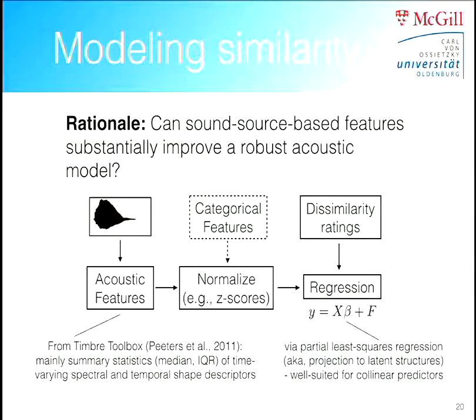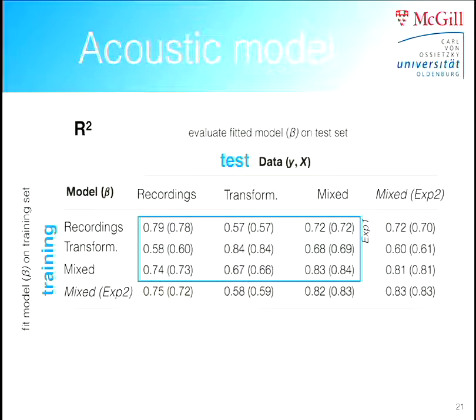We extract acoustic features, basically standard timbre toolbox features, feed them into a partial least square regression model and fit them to dissimilarity rating data. And then the question is, what happens if we also include categorical features about their sound sources? Does this improve performance?